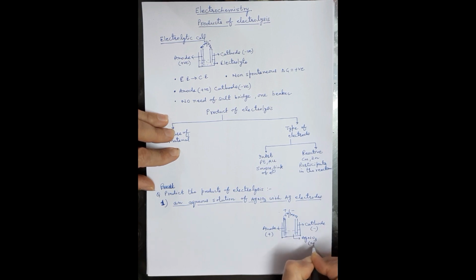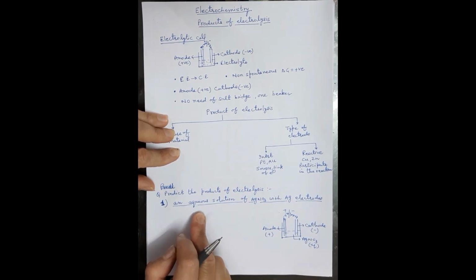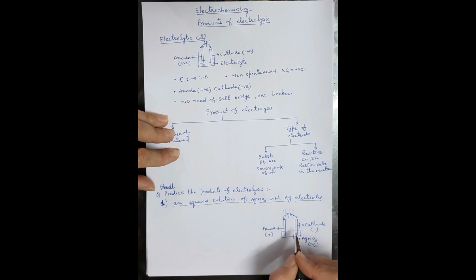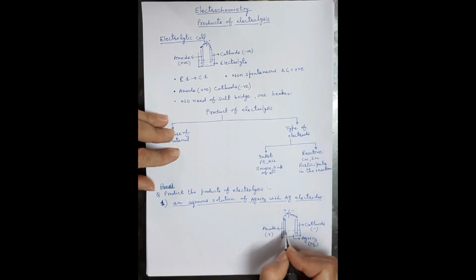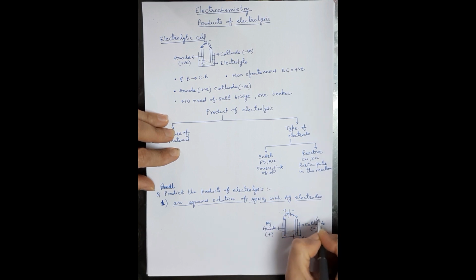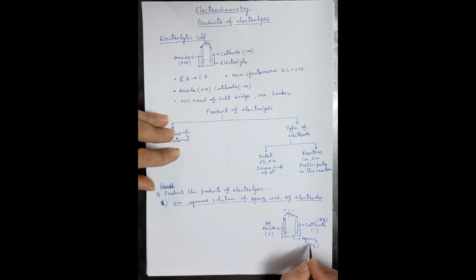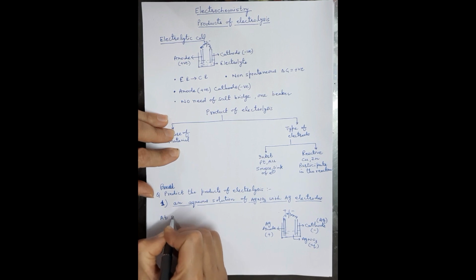Its aqueous solution is taken as the electrolyte. Beta, this is a very special case in the sense that the electrodes and the electrolytic solution contain the same element. So electrodes are made up of silver, whereas the electrolyte also has silver ions. In such a case, the reaction is a special one. What happens, see, at the anode?